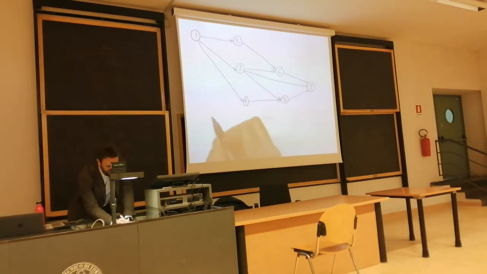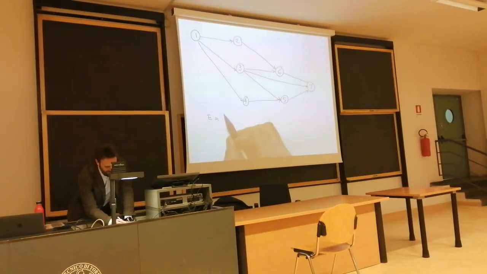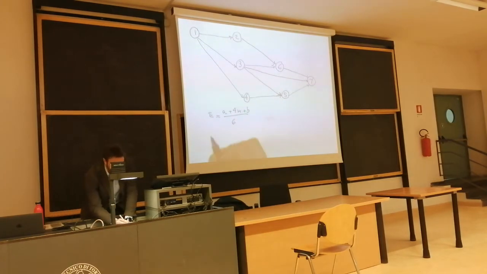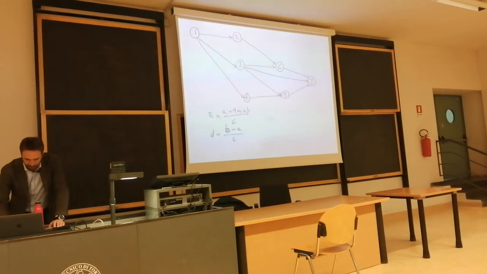For each task, the expected duration equals the optimistic duration, a, plus 4m plus b, over 6, and for the standard deviation we get b, pessimistic, minus a, optimistic, over 6. If I go to the solutions, I've calculated them for you.